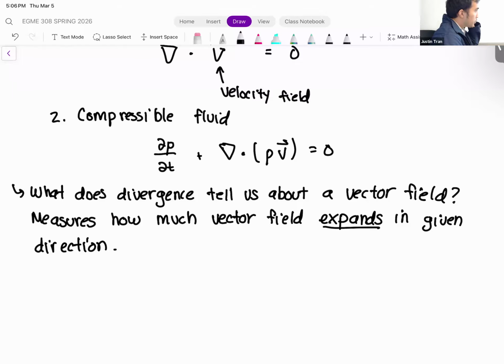Now, I think the best way to illustrate this is, once again, I apologize because fluids is in my background, so I think of everything in terms of fluids. But let's look at the divergence of a velocity field. We're just going to look at two dimensions, to keep it simple.